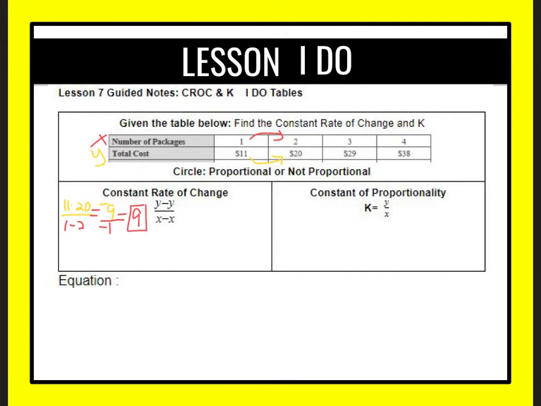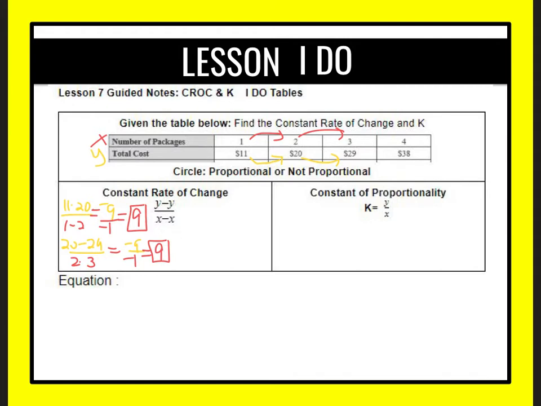Go and check the next set of points. So once again, I can find the change in y over change in x. And when I do that, I get the same thing, negative 9 over a negative 1, and that is a positive rate of change of 9.